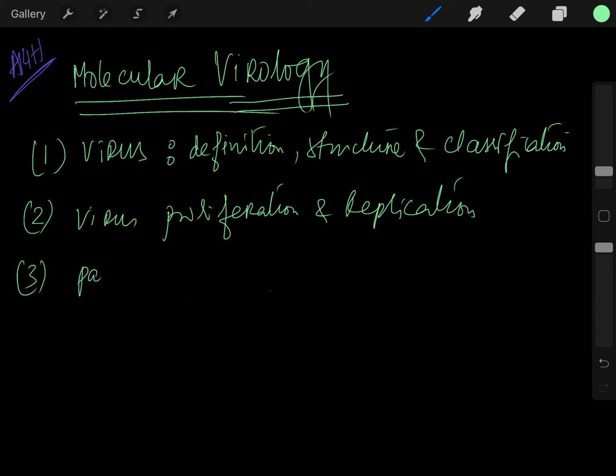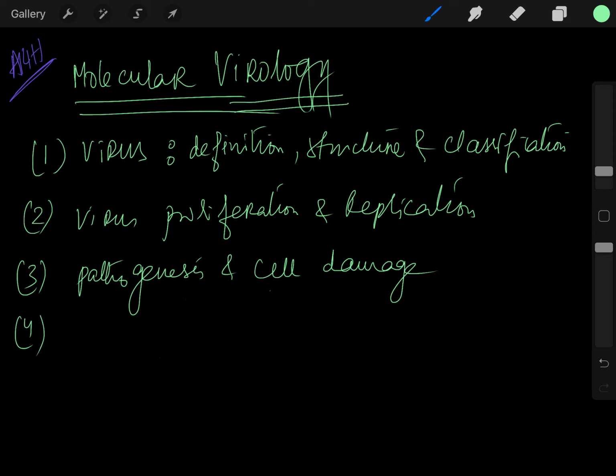Then we are going to look at the part that makes the virus our enemy, which is pathogenesis, and the cell damage it causes, destroying our body, which is obviously traumatic.